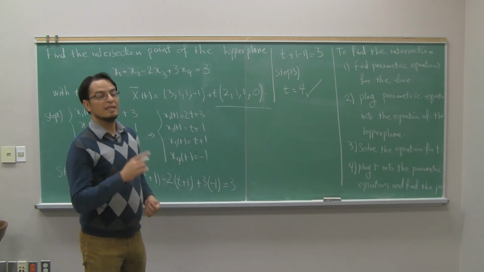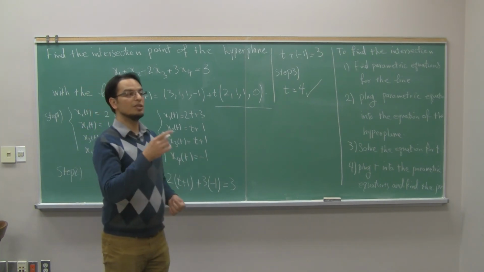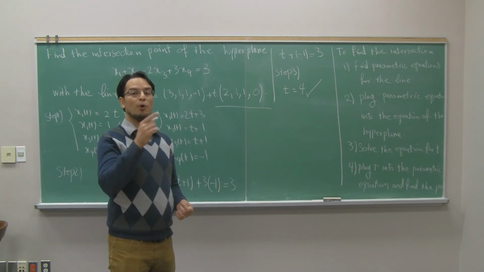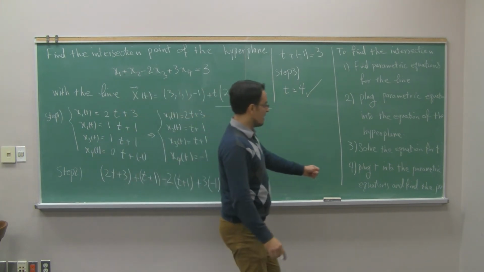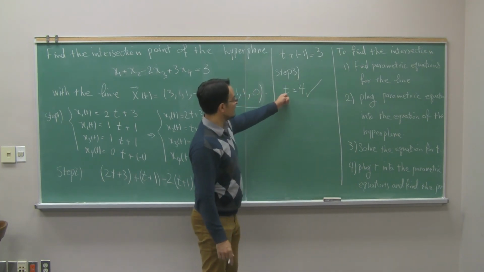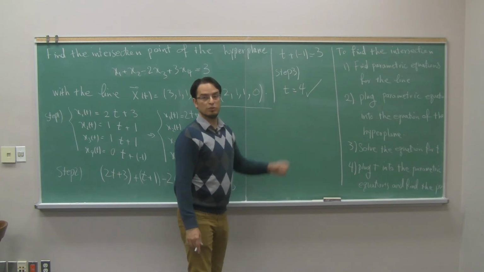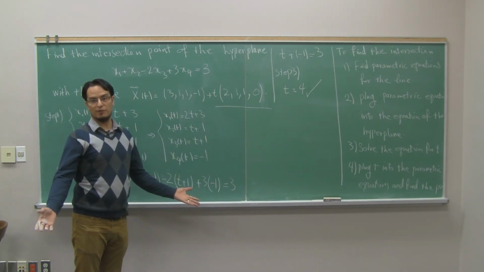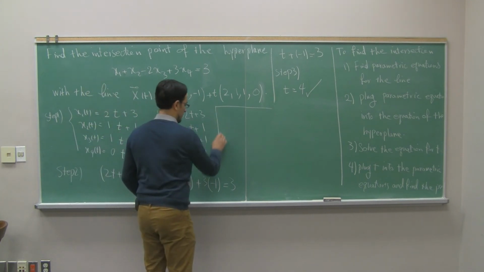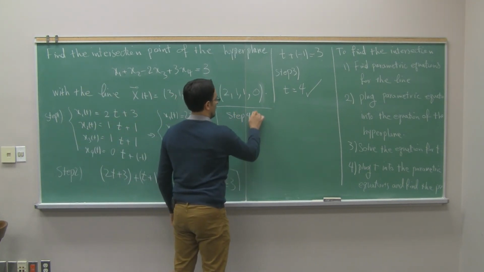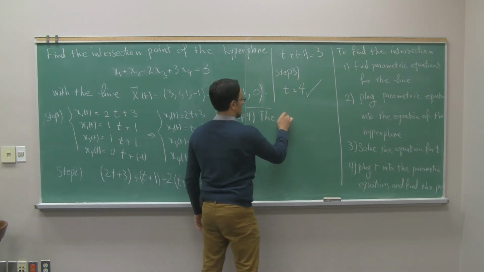But that's the parameter of the intersection point. I have to find the point itself, meaning that I have to do step 4 by plugging in t equal to 4 in the parametric equation. I find the point.